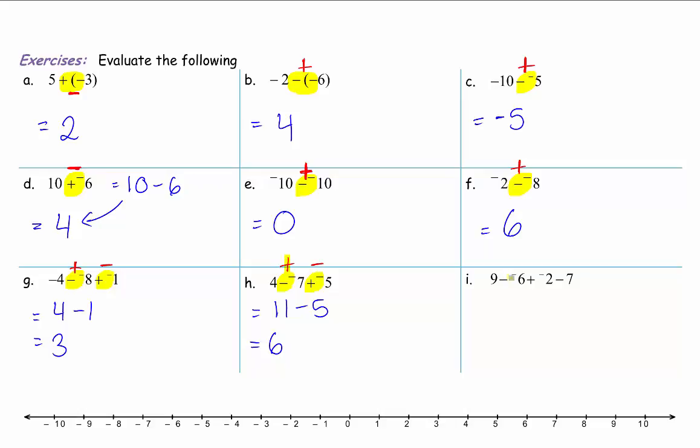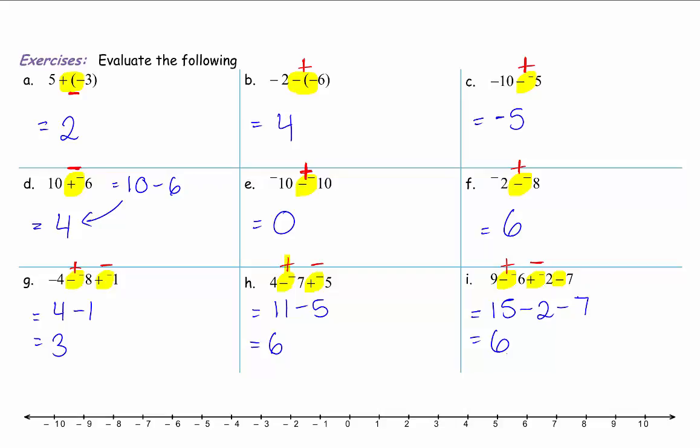Moving along, I'm going to change the double signs first, or that's just a normal one. So two minuses, plus minus is minus, and then it's a minus on its own. So I've got 9 plus 6 is 15, minus 2 minus 7. 15 take 2 is 13, take 7 is 6.